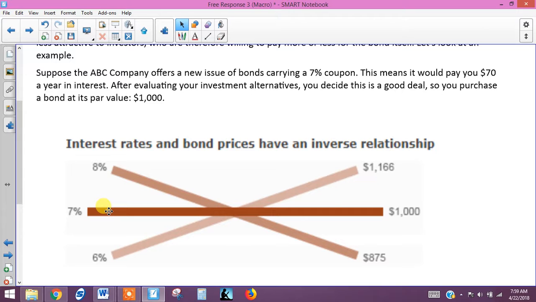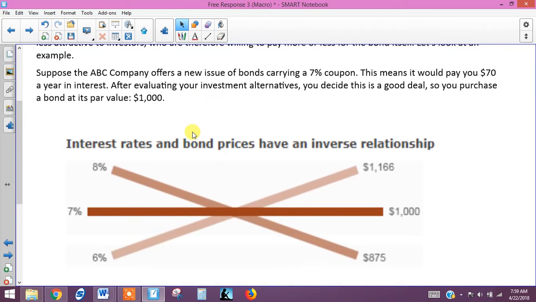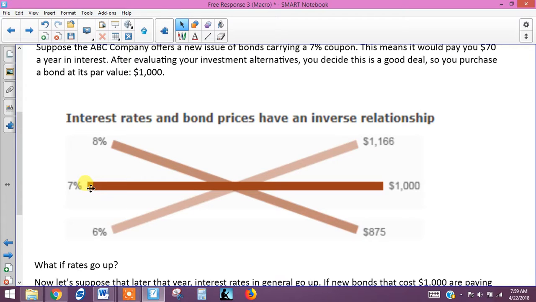But if the interest rate in the economy drops, as it did in our example, so let's jump back over there, and let's just say it dropped from 7% to 6%, the nominal interest rate. So now you have a bond that actually pays more than the going rate of return in the economy. So we can skip down.